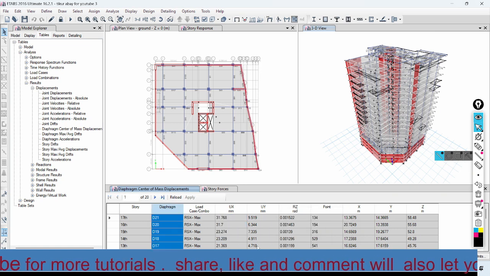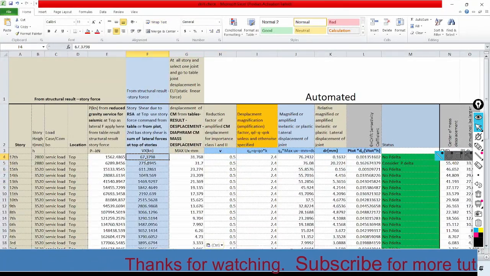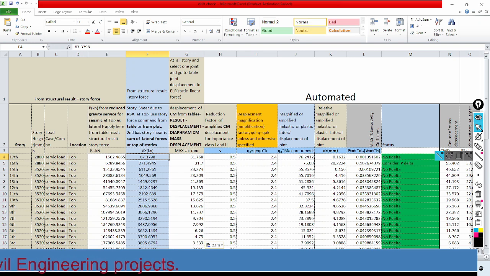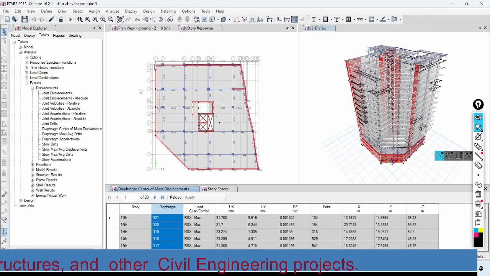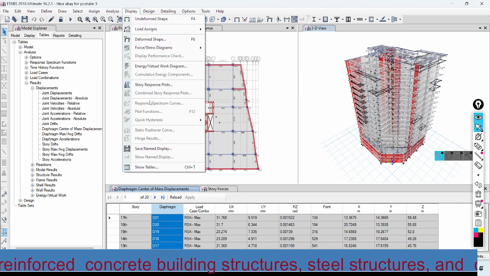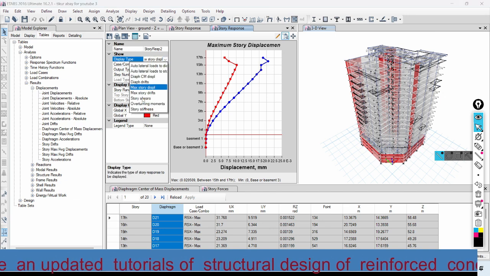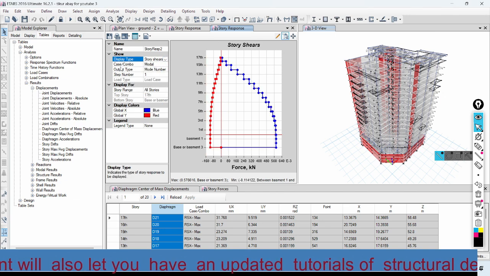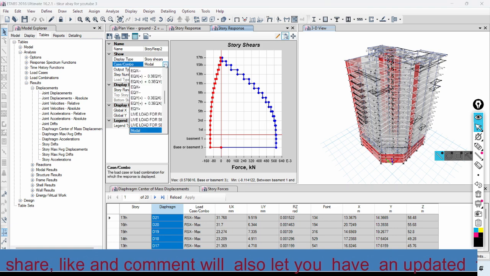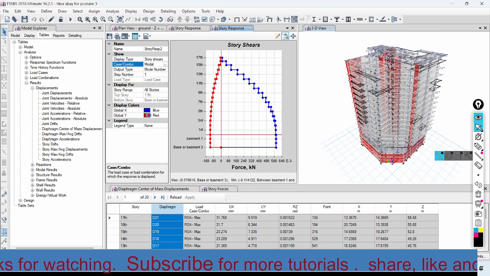So just come to here. I need to also extract the story shear in negative x direction. So to do this, just go to the display menu here, story displacement plot. That is the story. And the case is negative response spectrum x direction. This one.